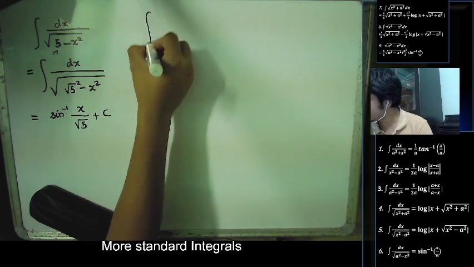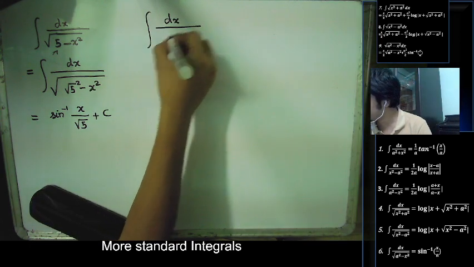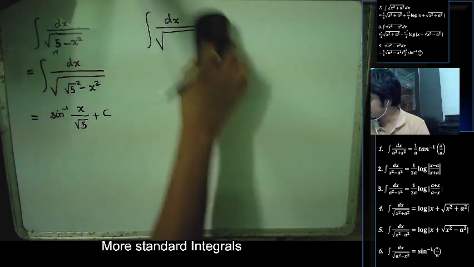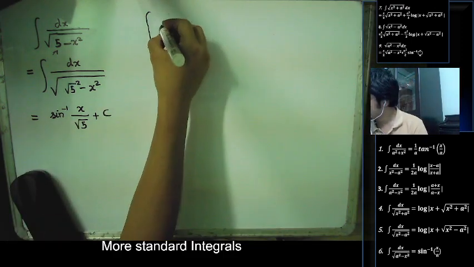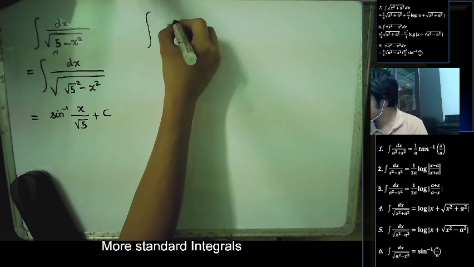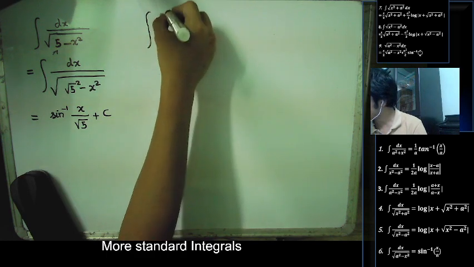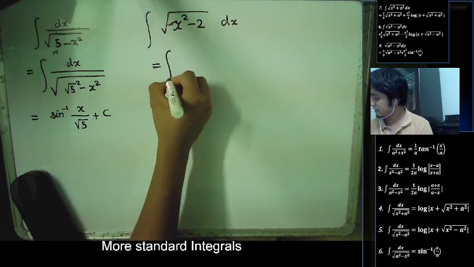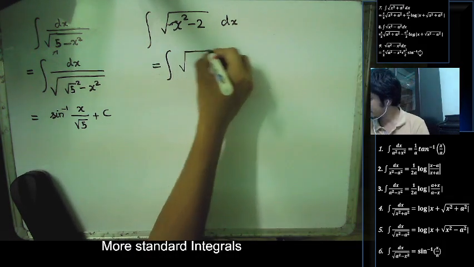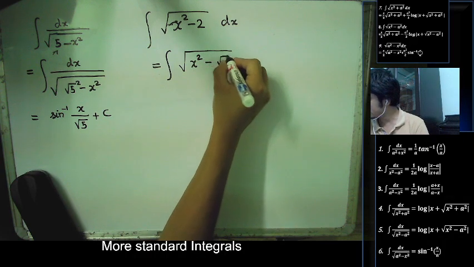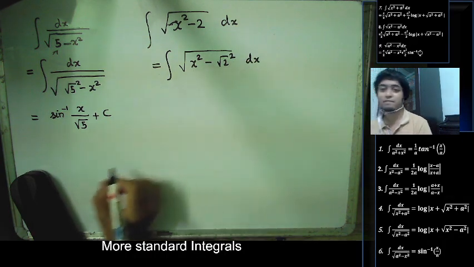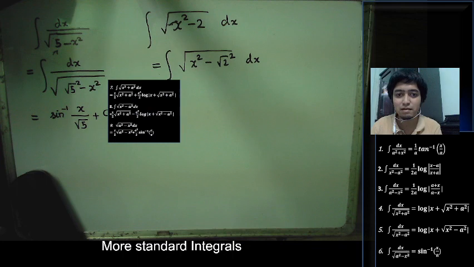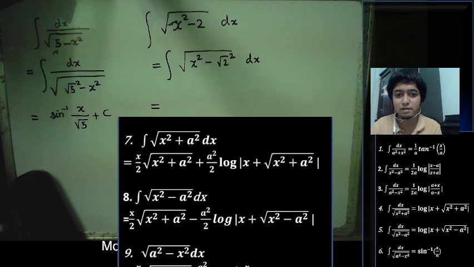Similarly, if you have something that looks like this, let us keep the root on top this time, root over x squared minus 2, you can easily write it as integral root of x squared minus root 2 whole squared dx. If you do this, you will notice that this one has a resemblance with formula number 8.